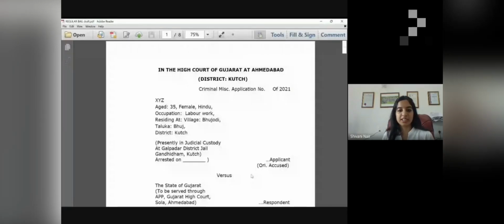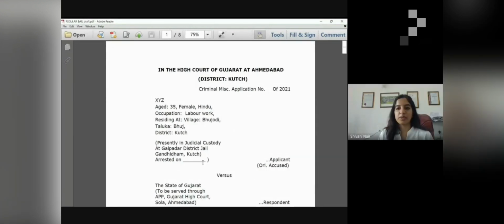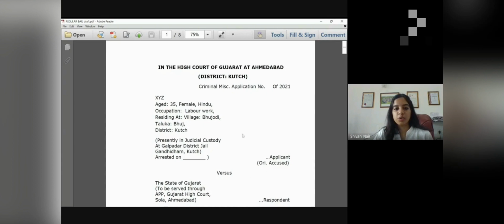Is my screen visible to you? The High Court of Gujarat at Ahmedabad, District Kutch, draft of regular bail. Is it visible? Yes, now it is. Okay, all right.